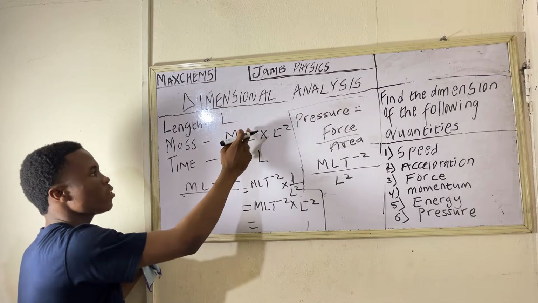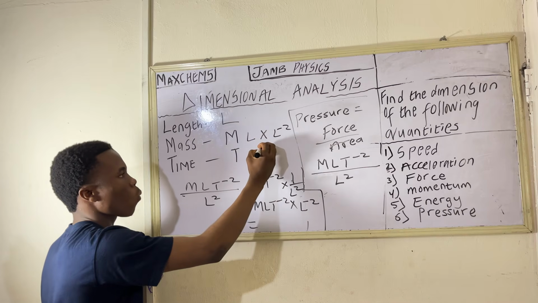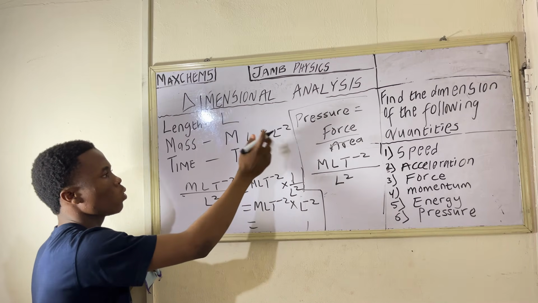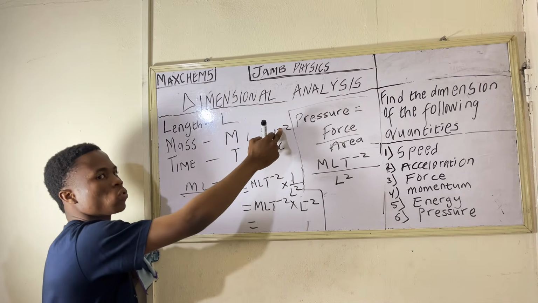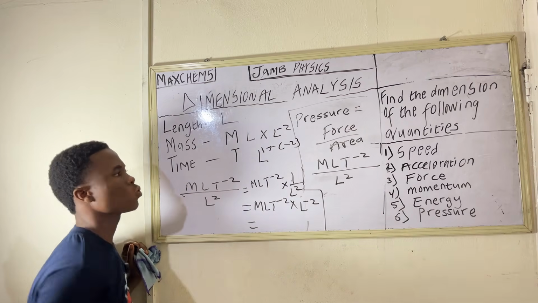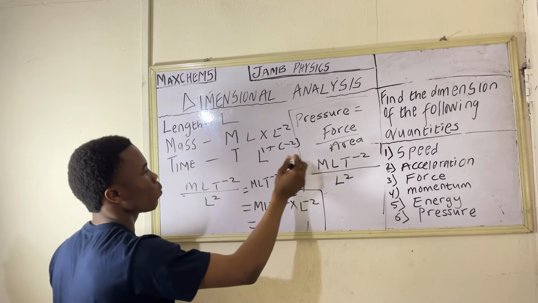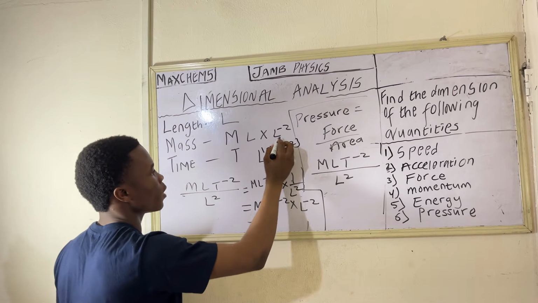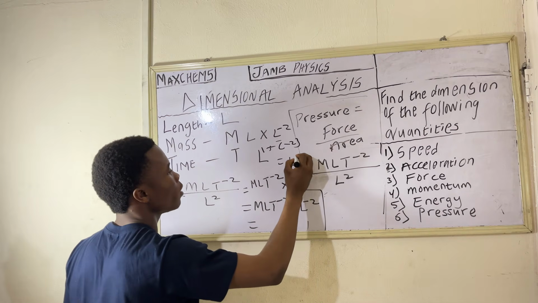This L has a power of 1, and since it's multiplication you add the second power, minus 2. Plus minus gives minus, so 1 minus 2 gives L to the power minus 1. It's like having 1 and owing 2, so what remains is minus 1.